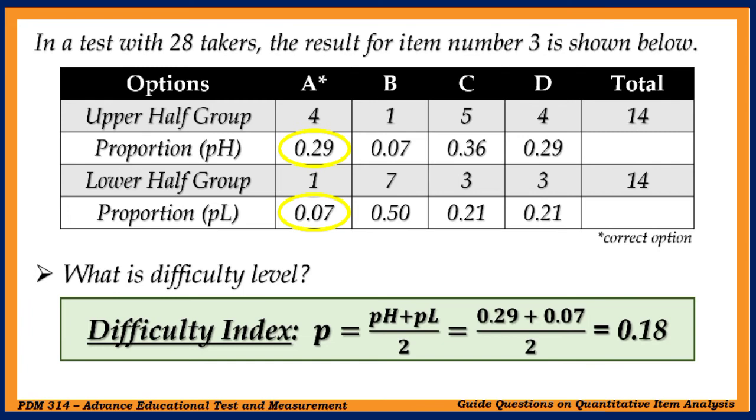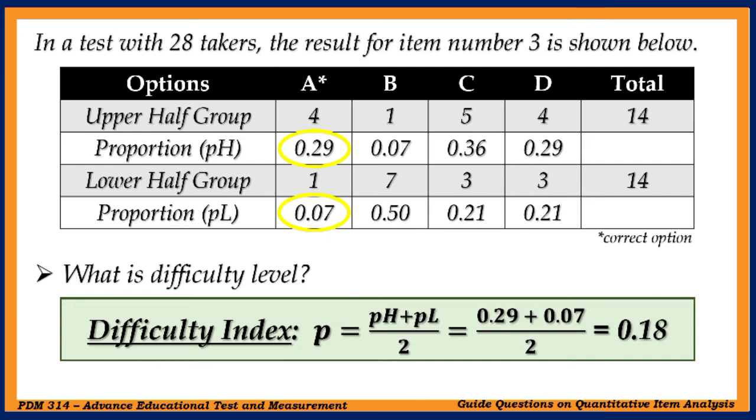In a test with 28 takers, the result of item number 3 is shown below. Here, the upper and lower 50% were taken. The correct answer is option A, and the proportion of the high group is 0.29, while the proportion of the low group is 0.07.